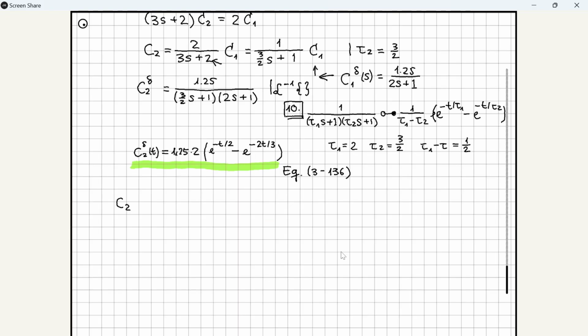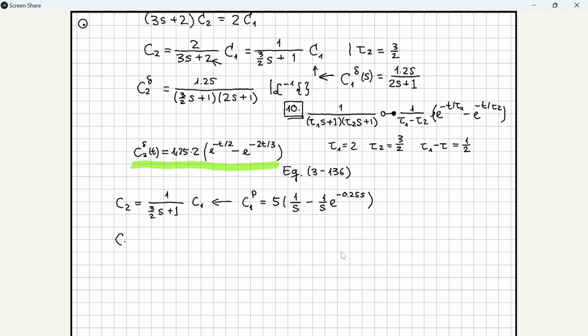So C2 equals to 1 over 3/2 S plus 1 times C1. But now my C1, I use the P, and that is 5 times 1 over S minus 1 over S e to the minus 0.25 S. Okay, now I have to stick this guy in here.